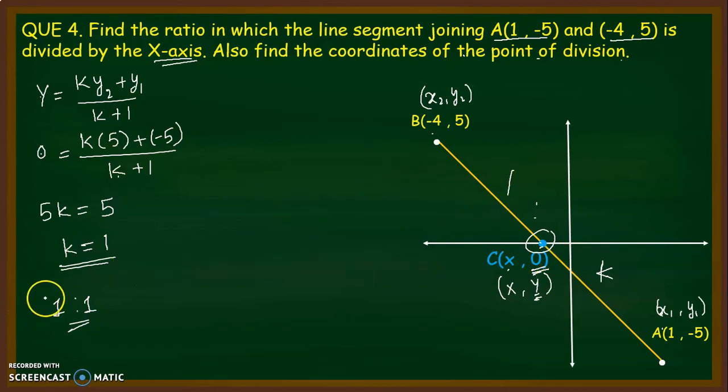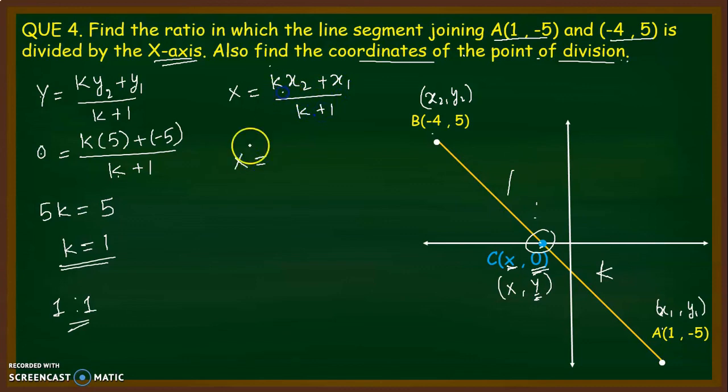So here we have found the ratio. Now we also have to find the coordinates of the point of division, meaning we have to find the coordinate x. So here we can use the formula for x. The formula will be (k x2 plus x1) divided by (k plus 1).